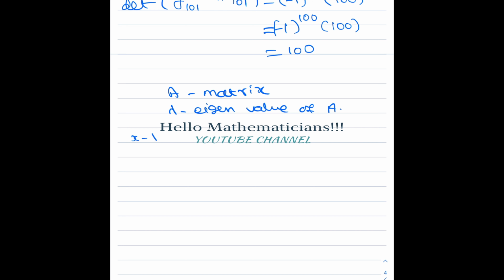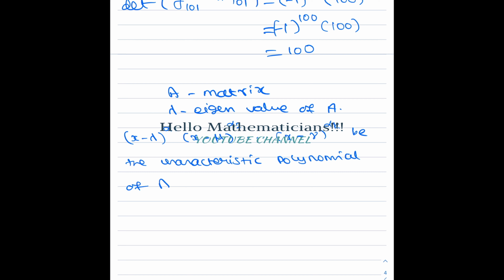Let (x minus lambda) to the power alpha 1, times (x minus mu) to the power alpha 2, and so on up to (x minus gamma) to the power alpha k be the characteristic polynomial of A. Note that since lambda is an eigenvalue of A, x minus lambda occurs as a factor.